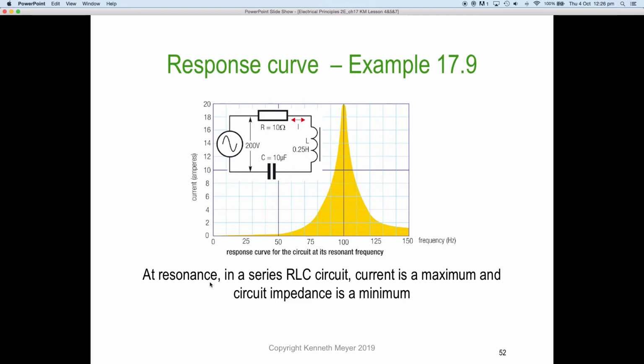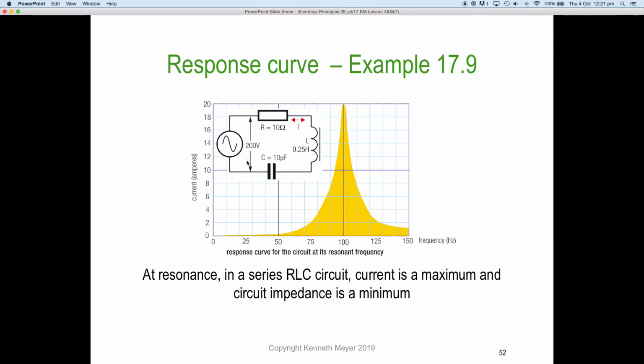So at resonance, in a series RLC circuit, current is at its maximum and circuit impedance, which in this particular case is only the resistor, is the only thing that restricts the current. If that resistor was not there, then the only thing that would be restricting current is the resistance of the wire that is connecting the components together, and you would get extraordinarily high currents.